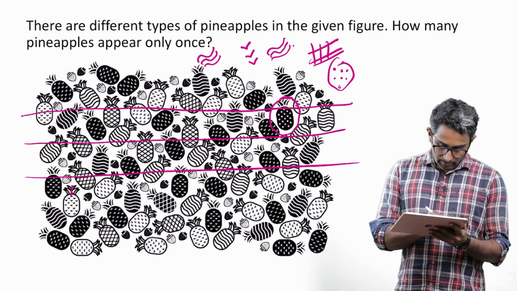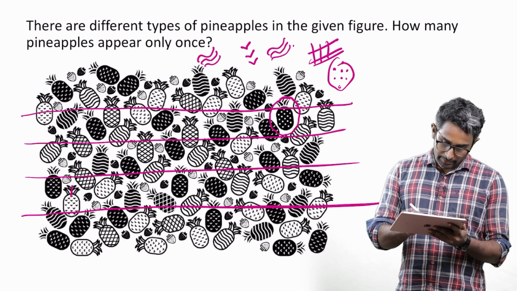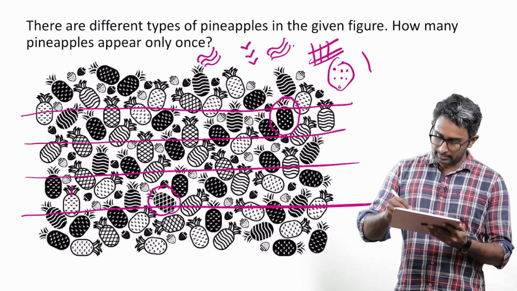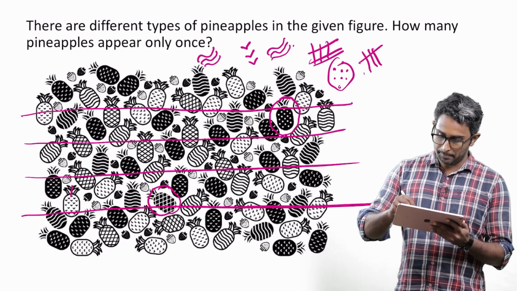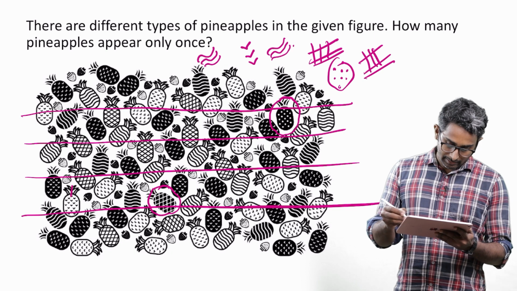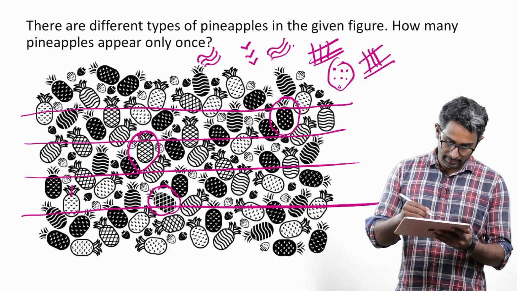Now if I draw one more line here, then I can also find one pattern which is peculiar. This is a crisscross pattern, but it is black in color. The other crisscross pattern that we have already observed is white in color.